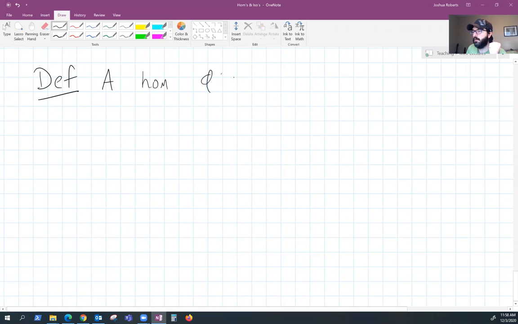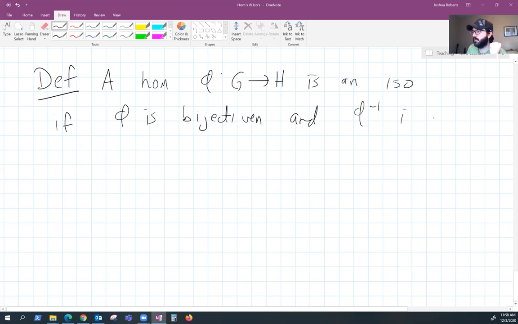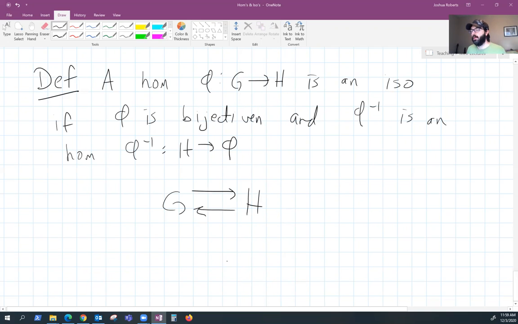A homomorphism phi from G to H is an isomorphism if phi is bijective and phi inverse is a homomorphism from H to G. Morally speaking, an isomorphism is a homomorphism going from left to right and from right to left, and it's bijective.